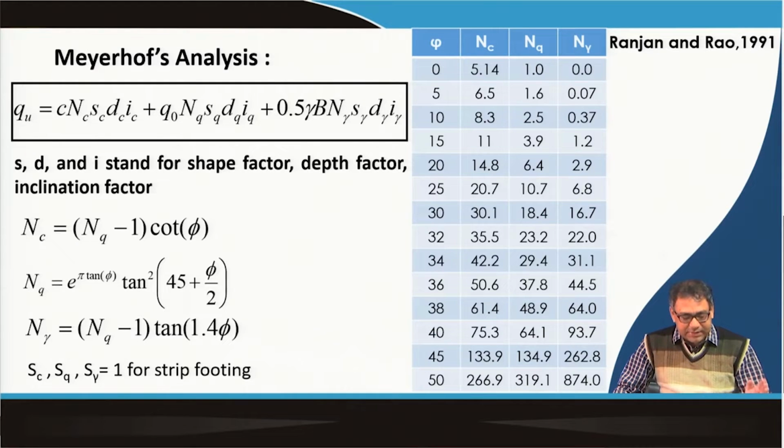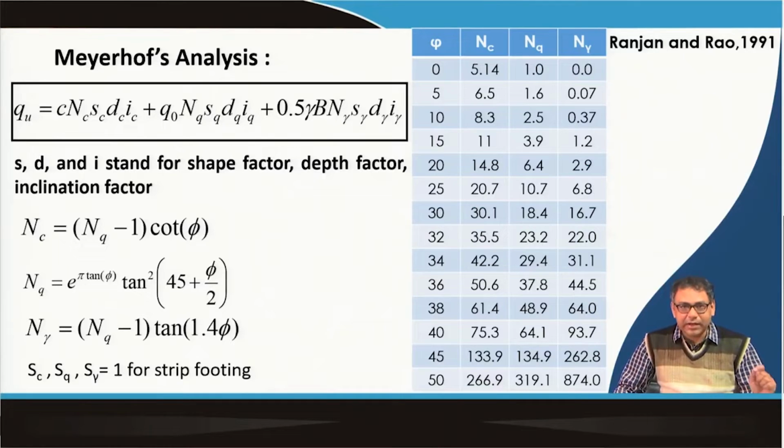But here s_c, d_c, i_c and so on are different factors. s is the shape factor, d is the depth factor, and i is the inclination factor. Originally these equations were developed for the surface footing. So if you have a footing with a depth, then you can incorporate that depth effect into this bearing capacity equation.